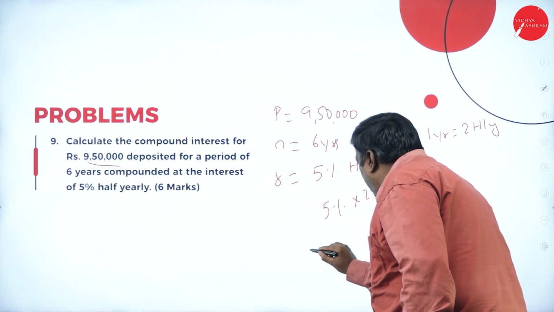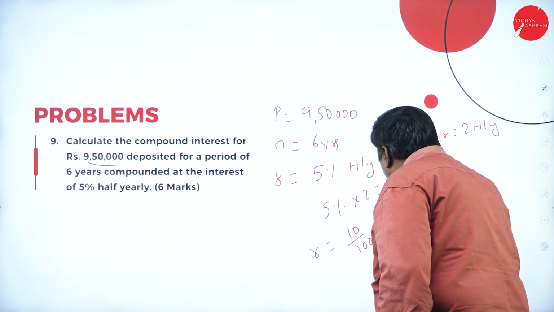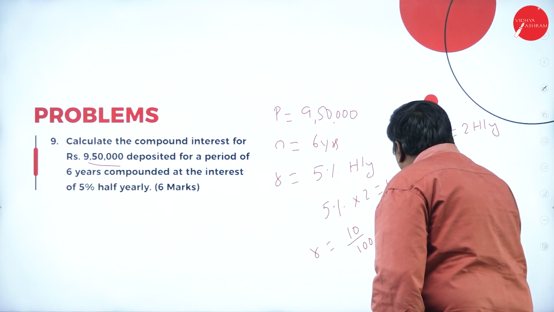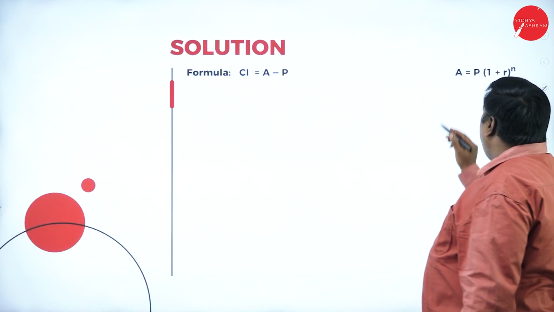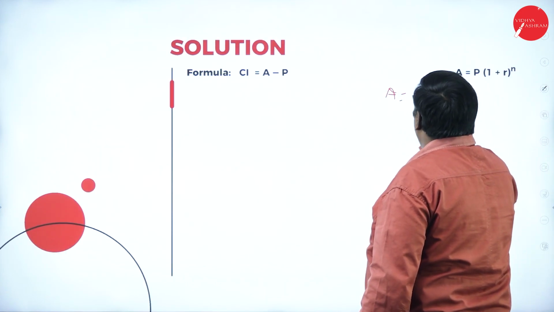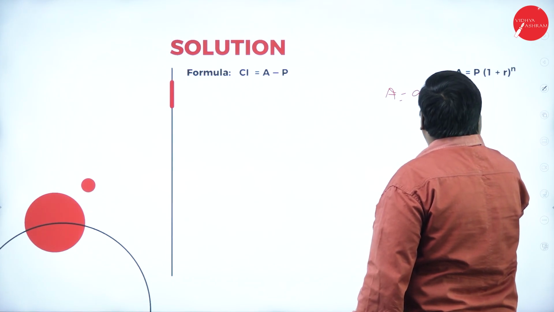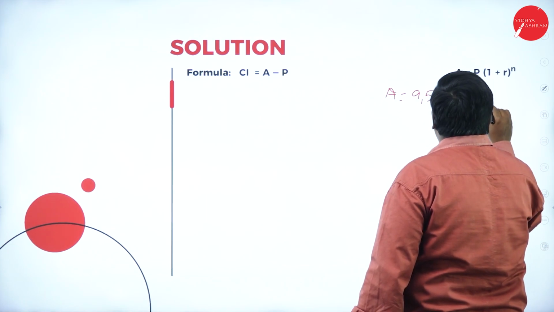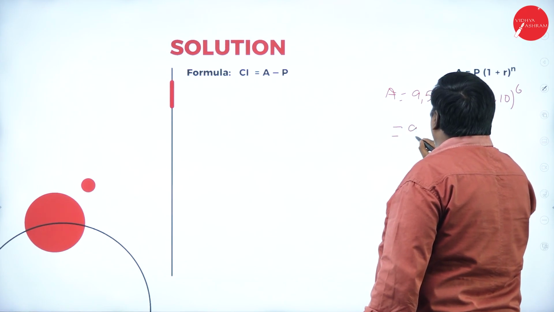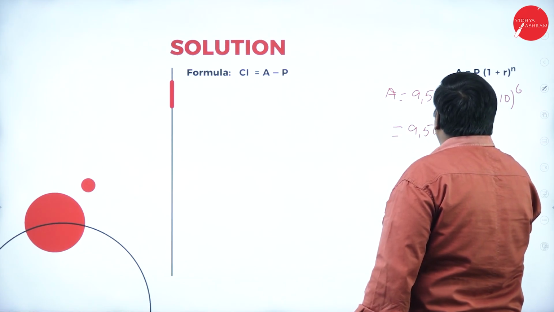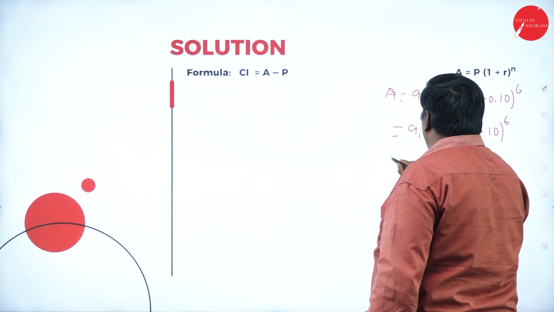So R will be 10 by 100 or 0.10. So my annuity value is 9,50,000 into 1 plus 0.10 to the power of 6. 9,50,000 into 1.10 to the power of 6.